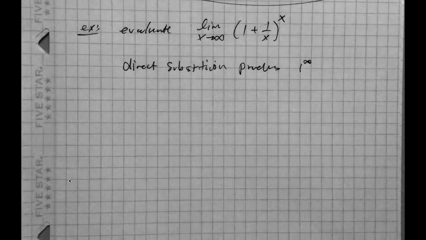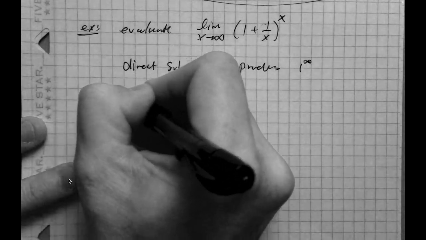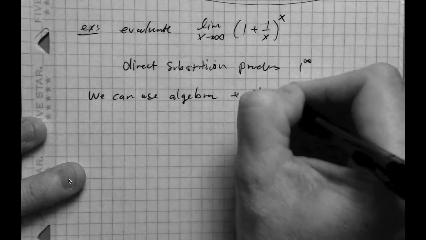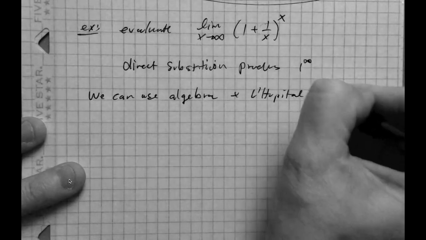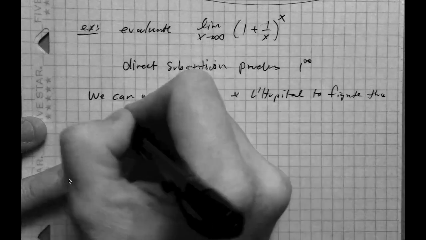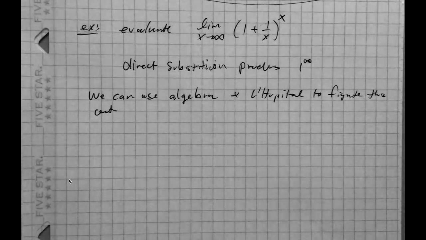But we can get tricky with this one, right? We can use some algebra plus L'Hopital to figure this out. Because 1 raised to the power of infinity does not tell us what this limit is, or if it even exists.